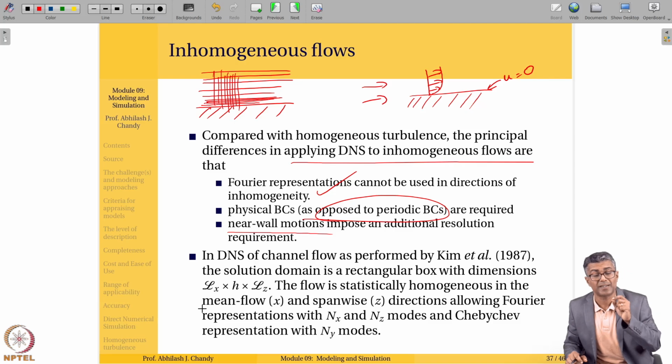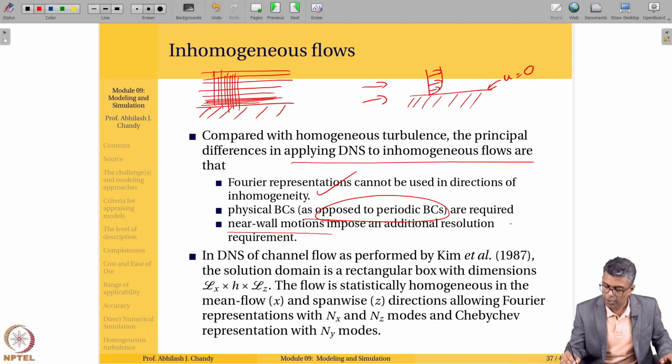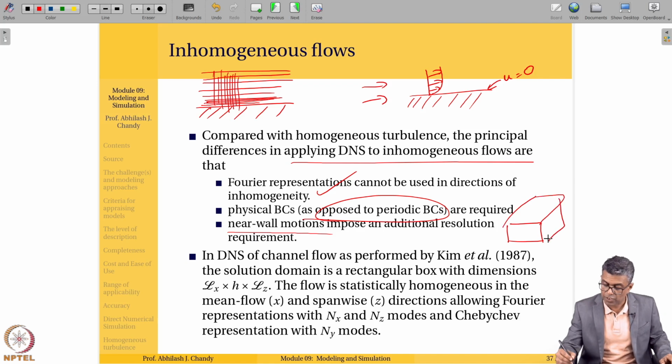The flow was considered to be statistically homogeneous in the two directions that were not wall normal. So if we had a domain like this, this is the wall normal direction, so this is h, this is Lx, for example, and this right here is Lz, for example.